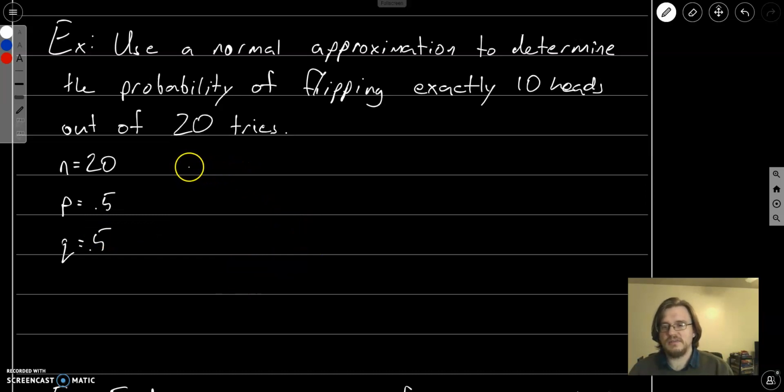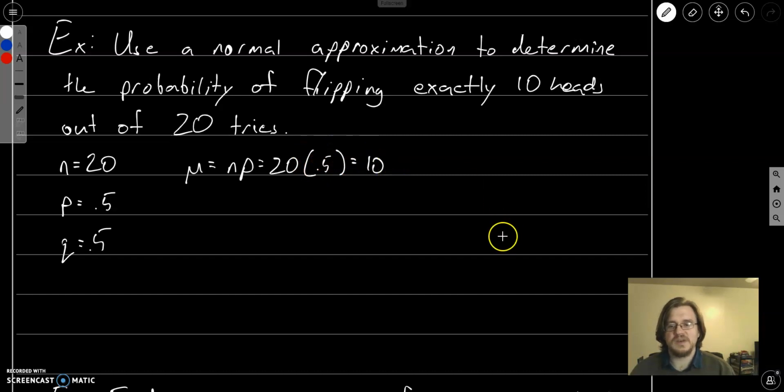So the mean number of heads, the expected number of heads that we would flip in 20 tries, is going to be n times p. So 20 times 0.5 is going to be 10. We'd expect to flip 10 heads out of 20 coin flips.